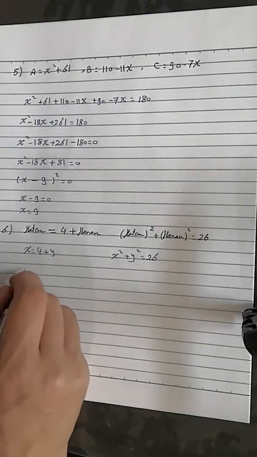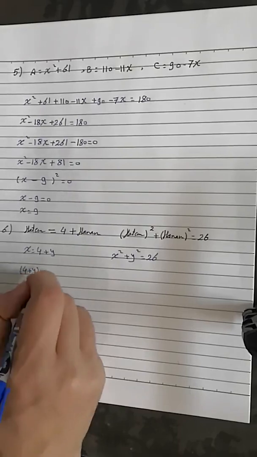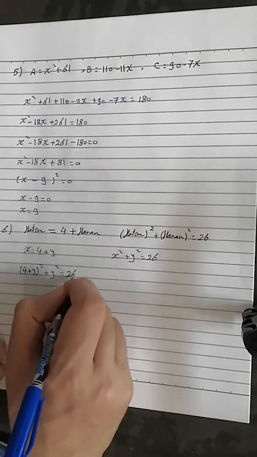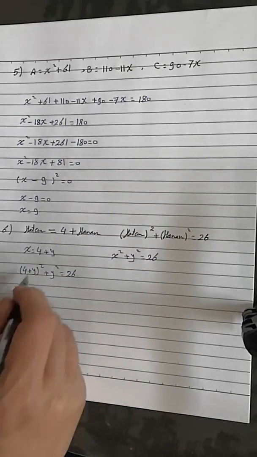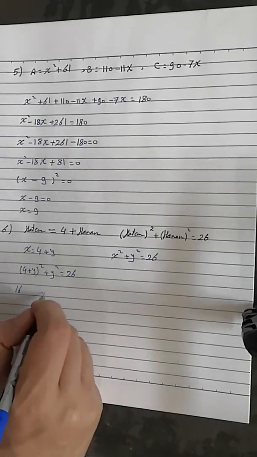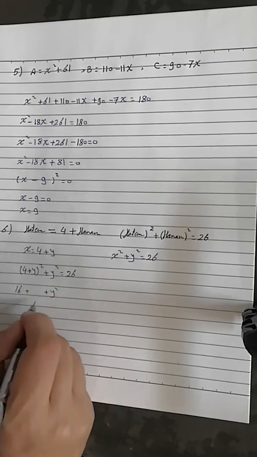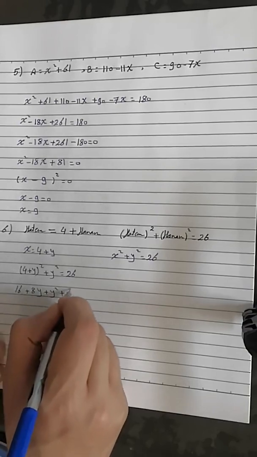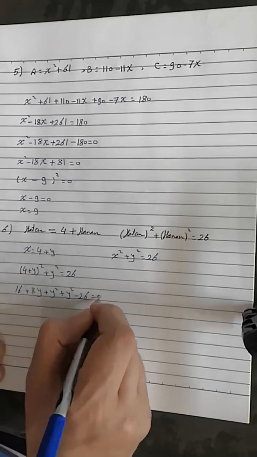So I will have 4 plus y all to the power of 2 plus y squared equals 26. To expand this bracket, square of the first, 16, square of the second, y squared, first times second times 2, it will be 8y, plus y squared, put 26 inside, so it will be negative 26 equals 0.